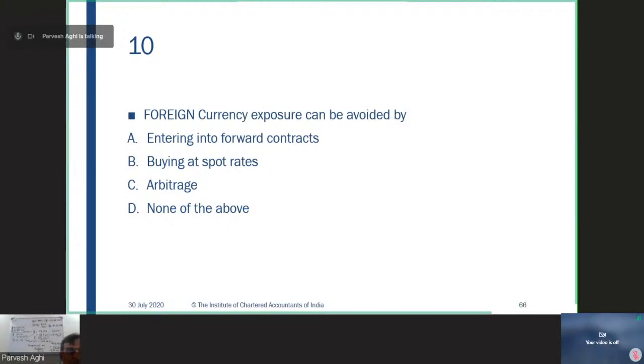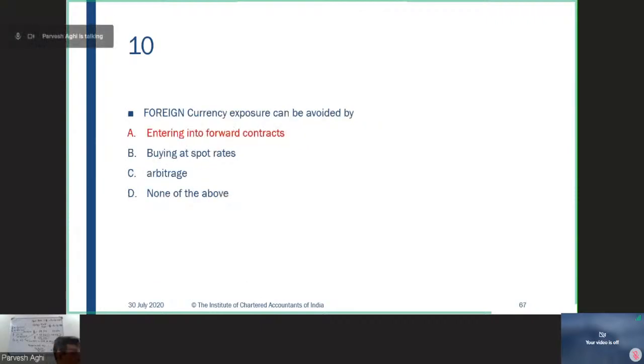What is the reply to question number 10? Foreign currency exposure can be avoided by, how can you avoid a foreign currency exposure? By entering into a forward contract, by buying at the spot rates, or arbitrage, or none of the above. The best answer would be A, entering into a forward contract.